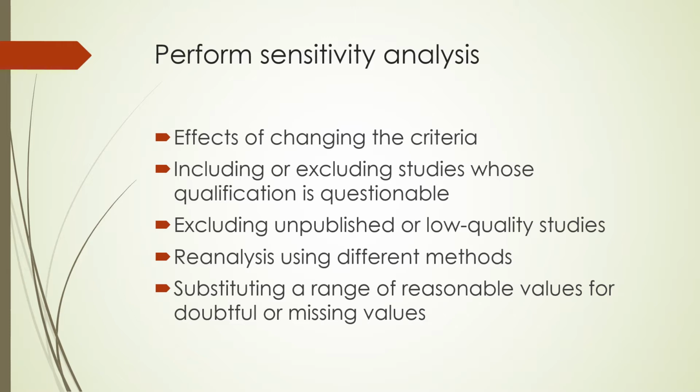And what this really comes down to is including or excluding studies in your meta-analysis based on certain criteria. And really what you're looking for is consistency in the outcome of the effect size, regardless of what studies are included or excluded. And there may be some very valid reasons for excluding studies in some cases.